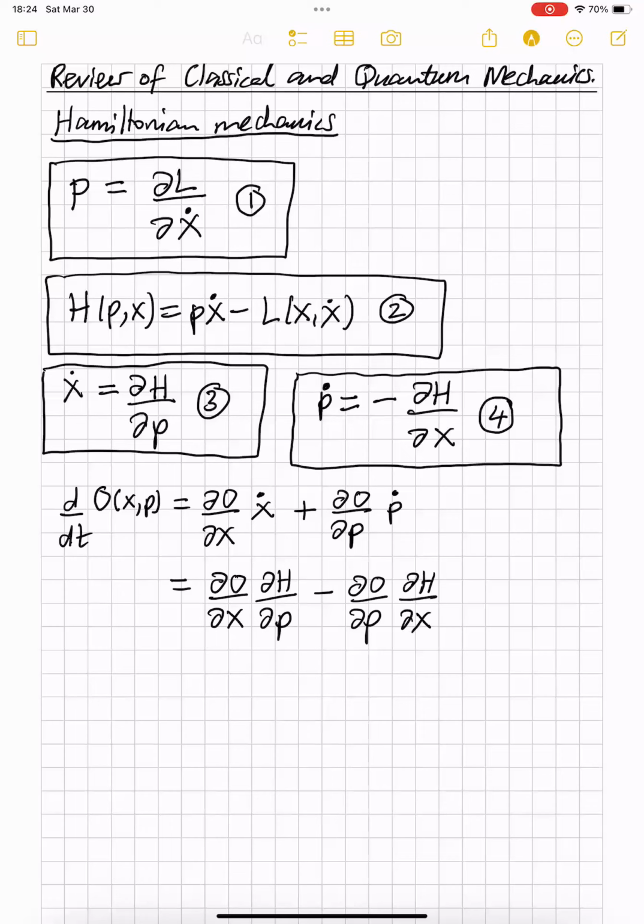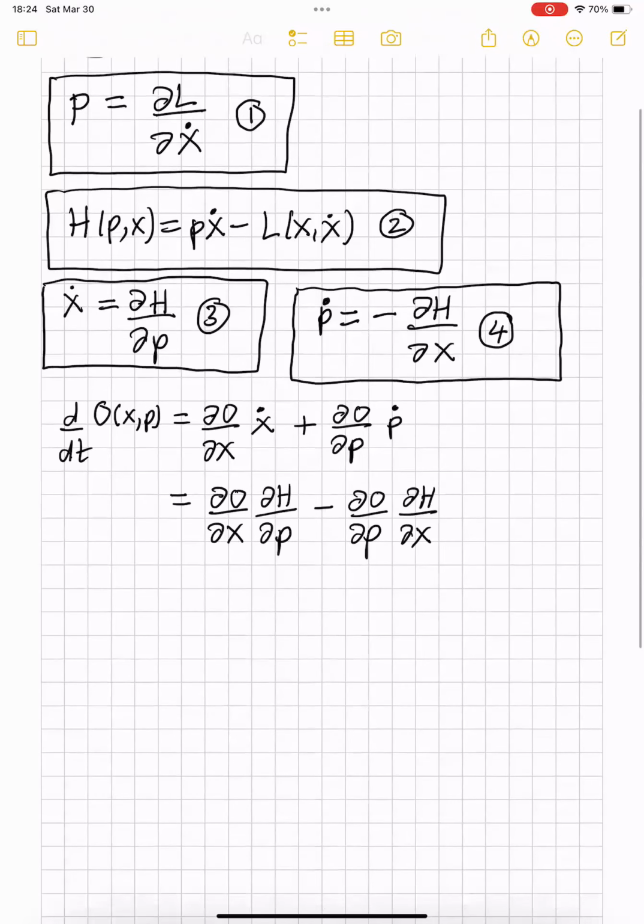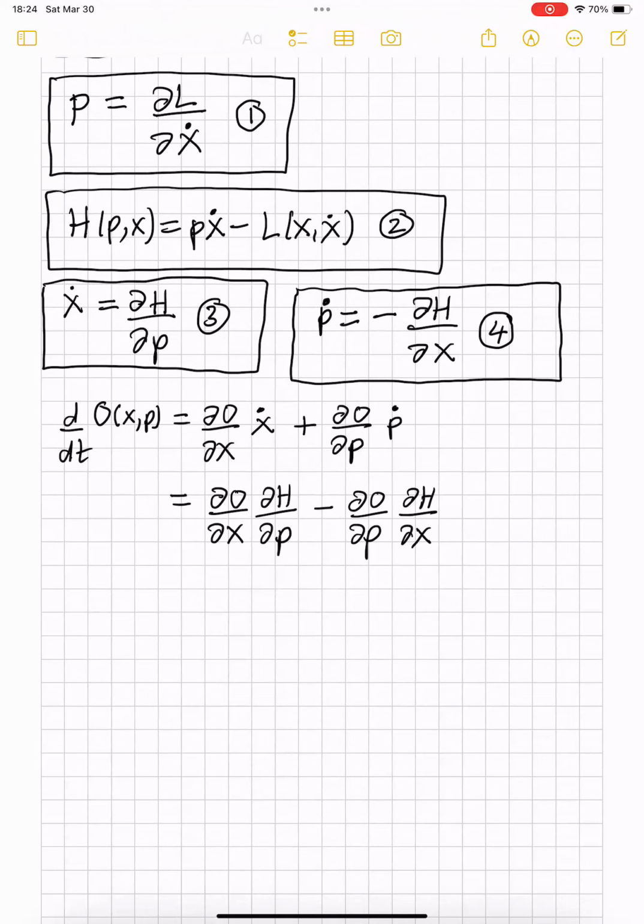Okay? Now, this is a very interesting structure that I'm getting here, and I'm going to give it a name. So if I have got A, comma B, and I've got these curly brackets, this is defined to be equal to dA/dx dB/dP minus dA/dP dB/dx.